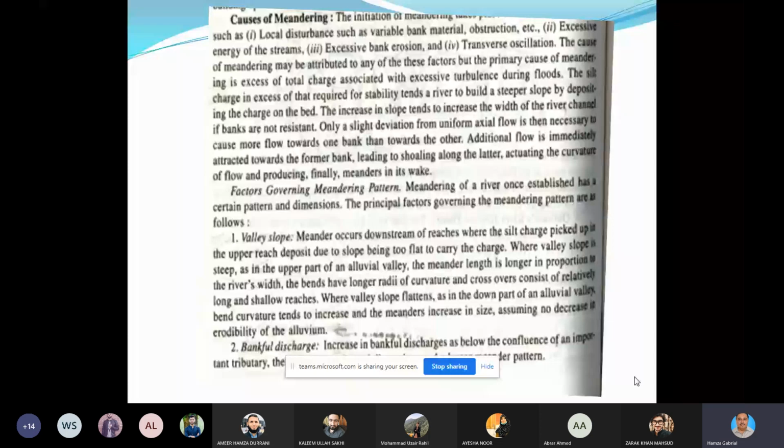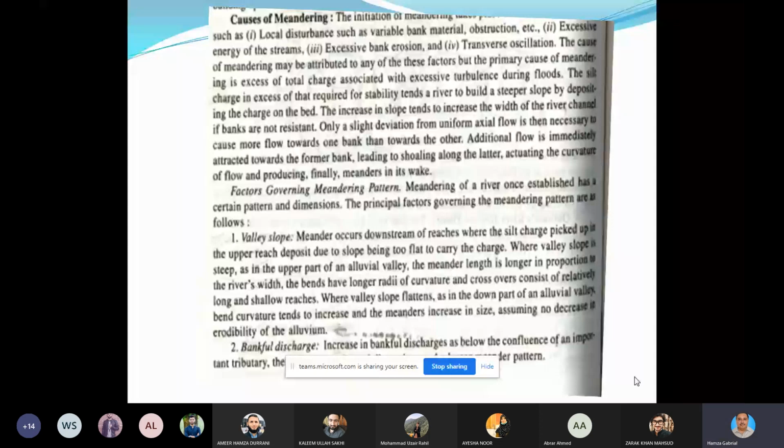Due to the sediments which are carried along with the river water, different behaviors result in different patterns of the river flows. The main causes of meandering can be the local disturbances such as the variable bank material or obstruction. If there is any change in the bank material itself, or if there is some obstruction, that will cause the river to meander.